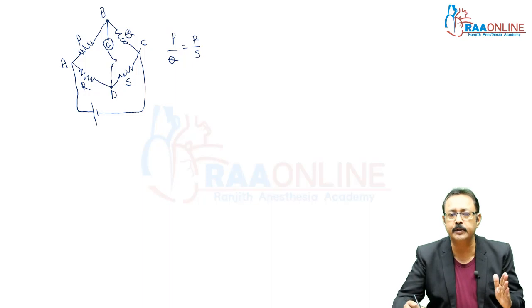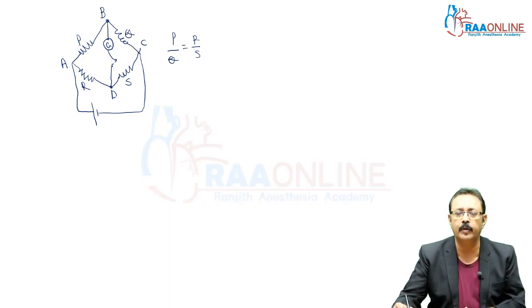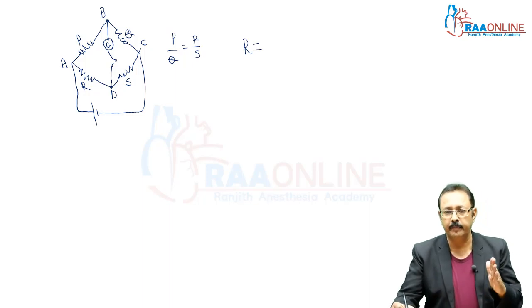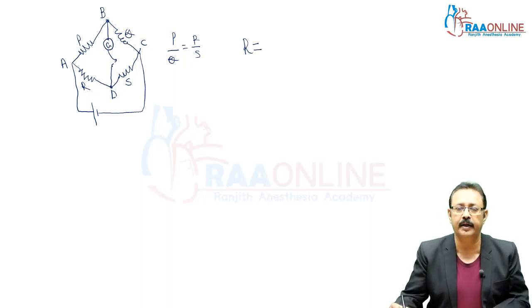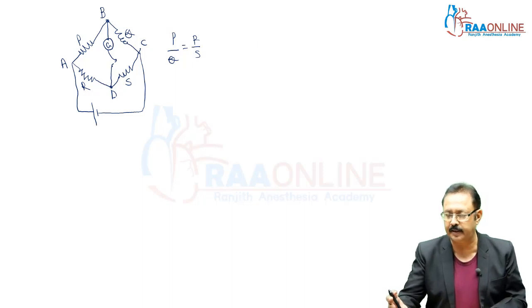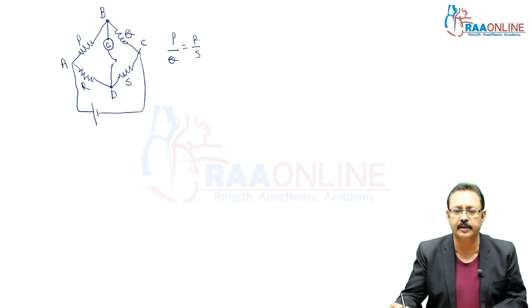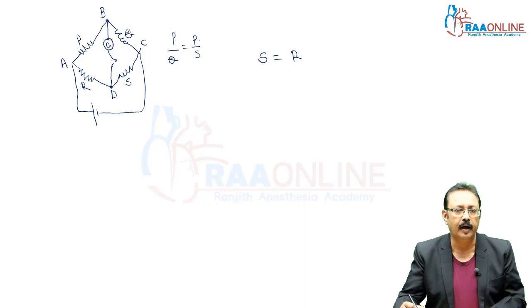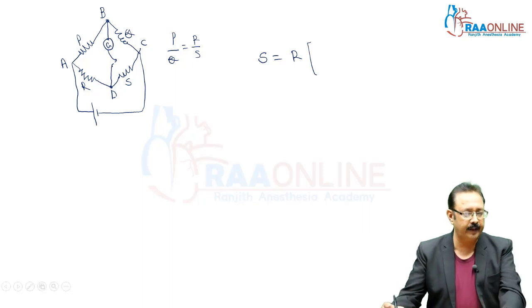By using this principle, we are calculating an unknown resistance in labs by meter bridge. You know that in meter bridge, you are calculating the unknown resistance. In place of R, you are putting some known resistance, and P and Q are the two parts of the wire. So what we are getting there?